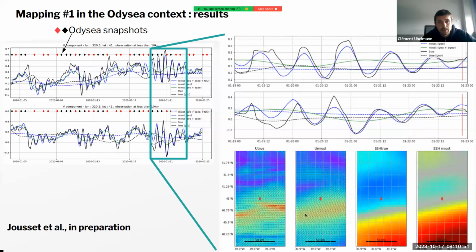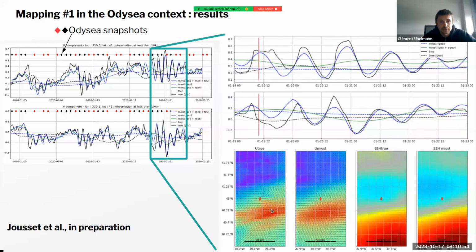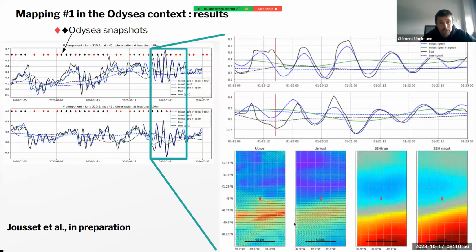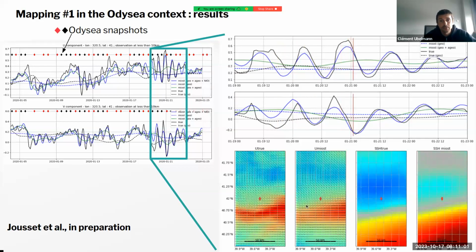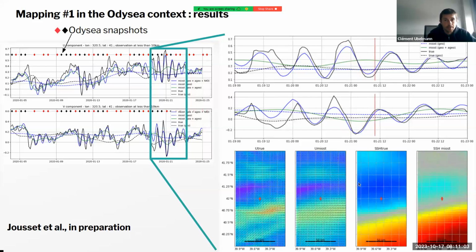So you see that high frequencies are well resolved, and also quite small spatial scales in these high frequencies are quite well resolved here in the mapping.